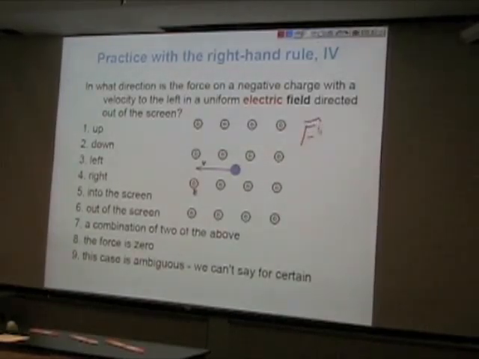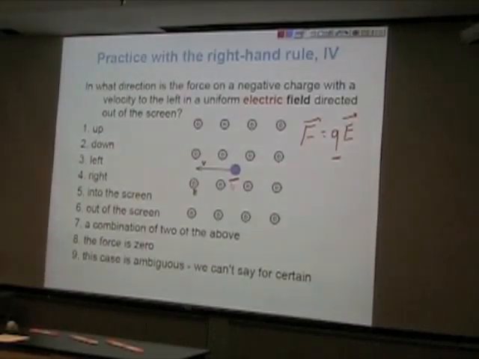Well, the force acting on the particle from the electric field is related to the electric field like this. All we need to know is the charge. If the charge is positive, the force has the same direction as the electric field. And if the charge is negative, the force is opposite to the field. Looking at the picture, the charge is negative.